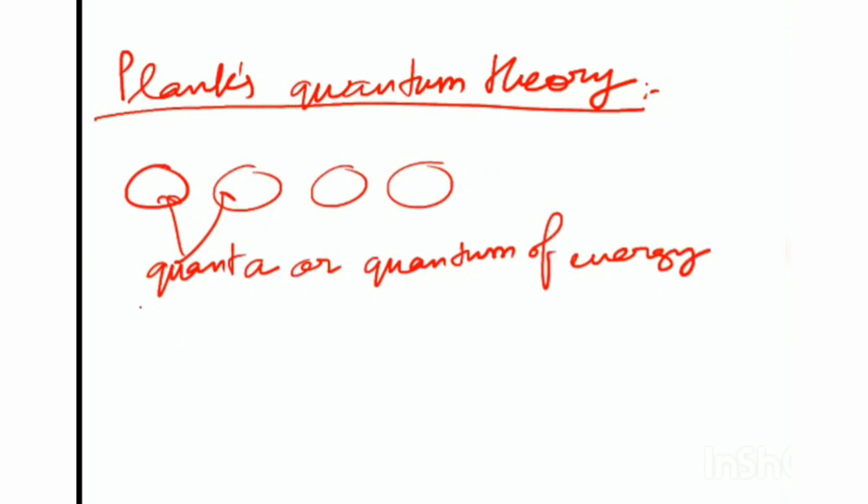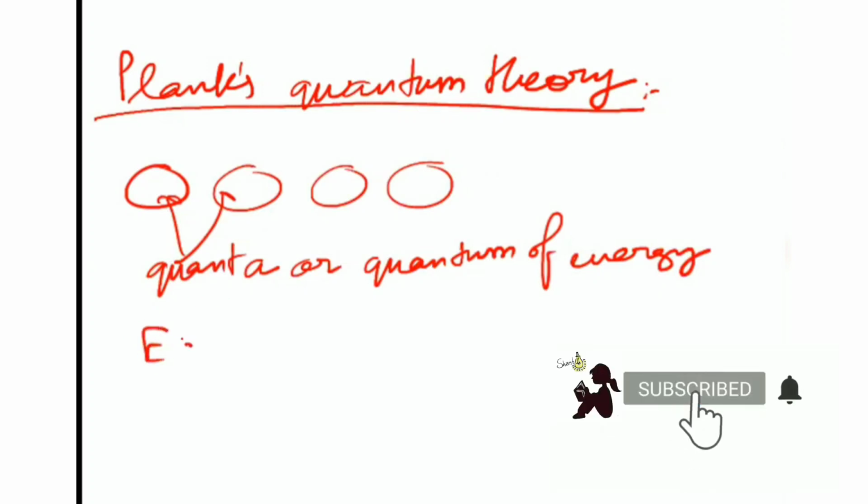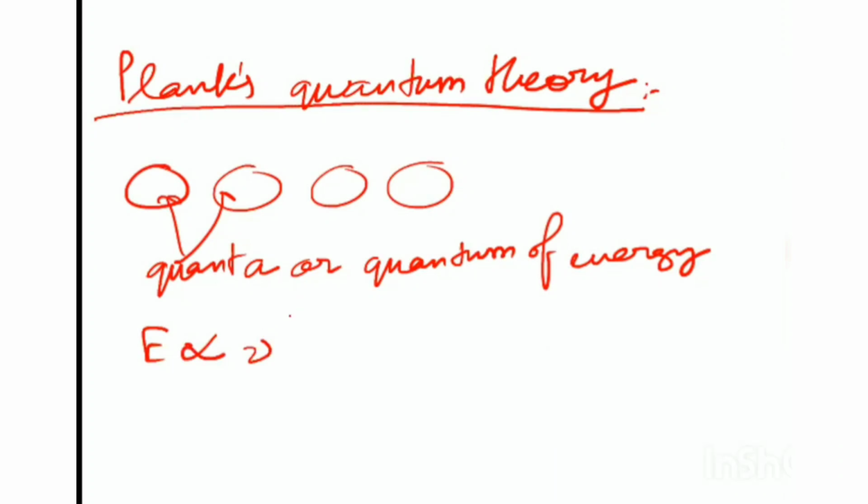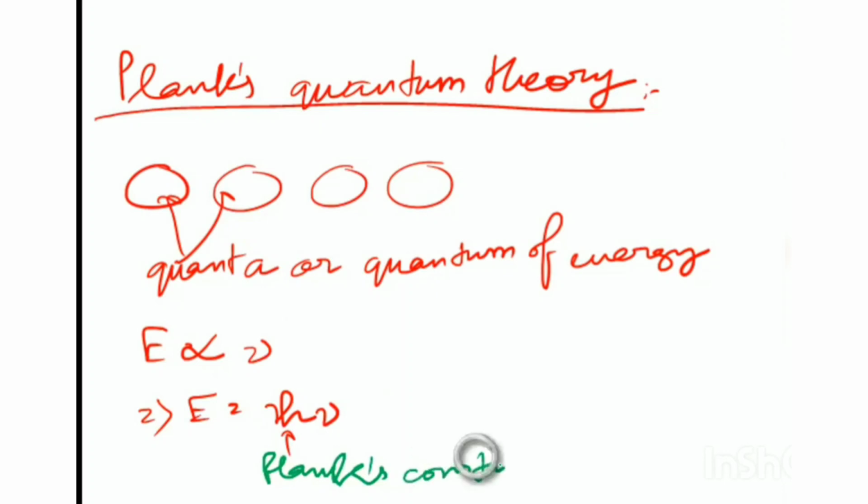He also said that the energy of radiation is directly proportional to the frequency of the radiation. So from it, he deduced an equation, E equal to h nu, and here h is called Planck's constant, that is 6.626 times 10 to the power minus 27 erg second.